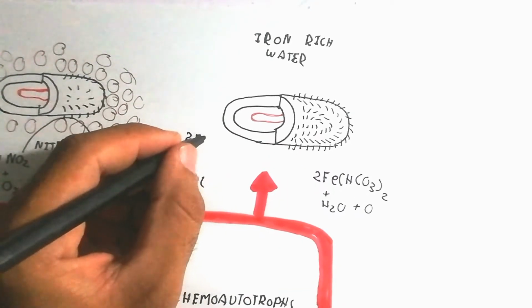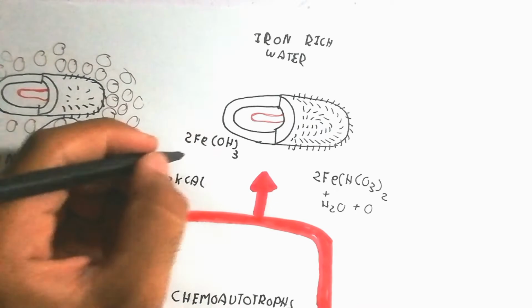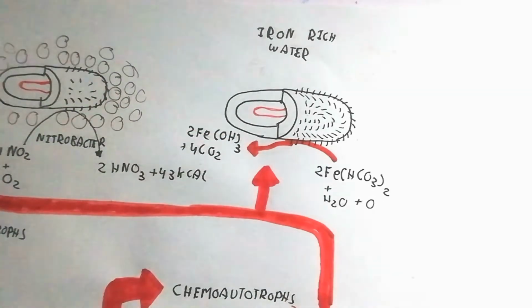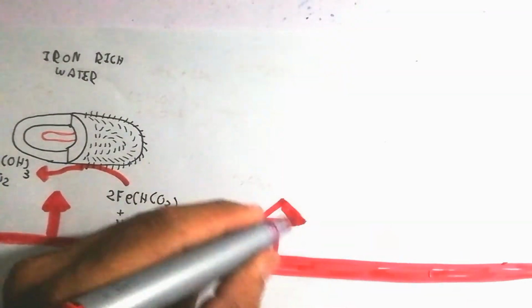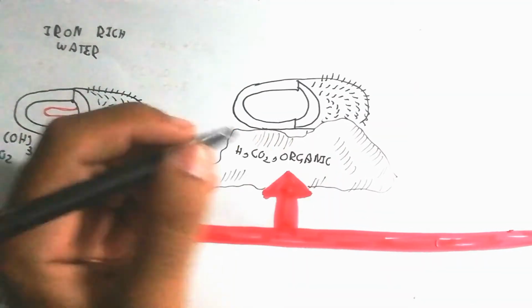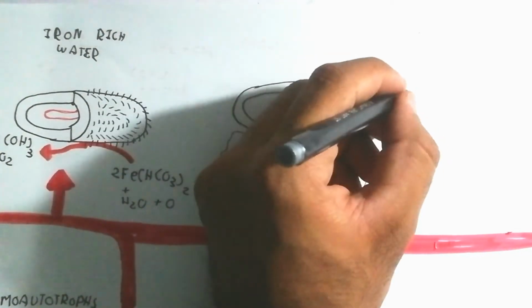The iron compound reacts with water and oxygen to produce ferric trihydroxide.